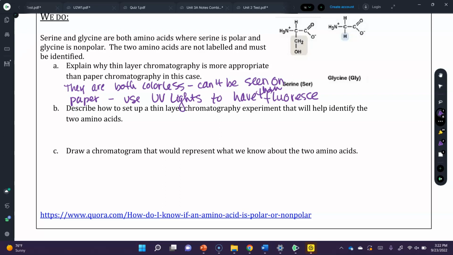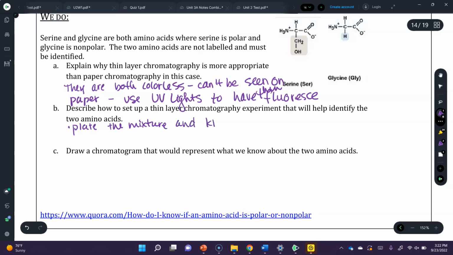Describe how to set up a thin layer chromatography experiment that would help to identify the two amino acids. Well, I would say plate the mixture and known reference samples.